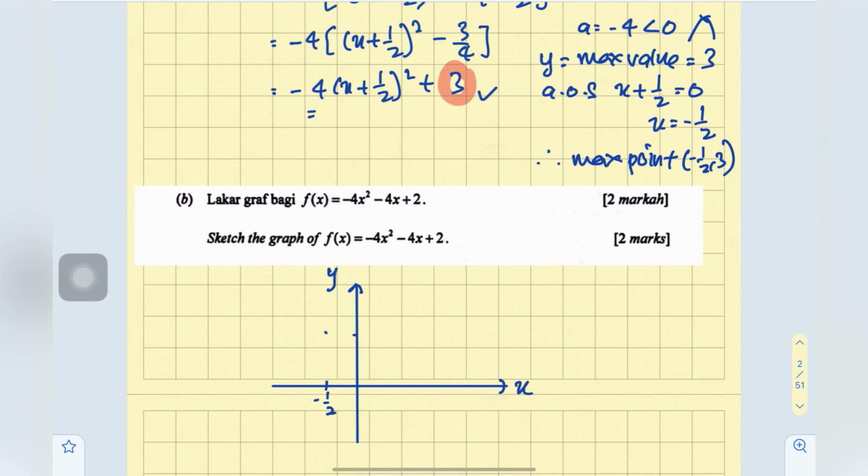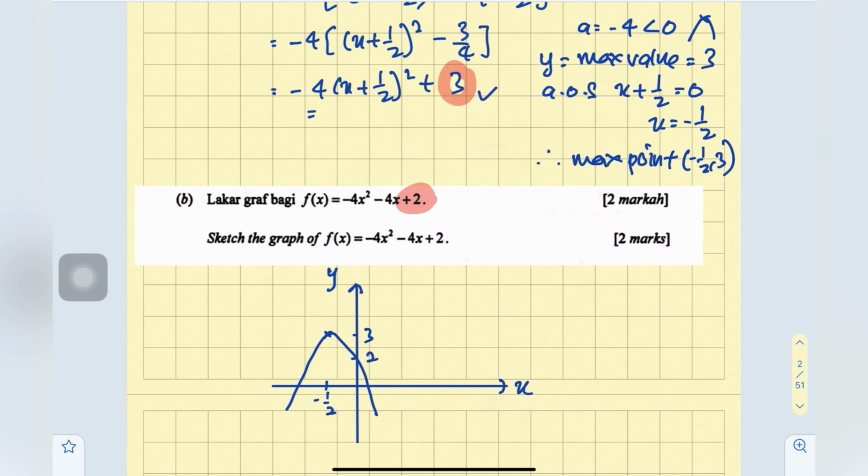So this one is roughly here, right. Negative 1 over 2, 3, and 3 is here. So this one is our maximum point. Then from here we look at our y-intercept. The y-intercept is 2. 2 is above, so we can predict our graph is roughly like this. Okay, set curve. So this one is 2.